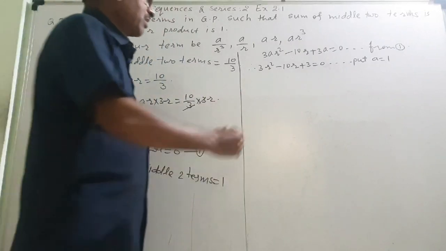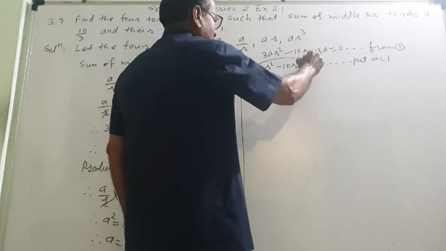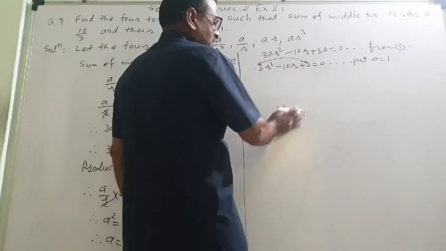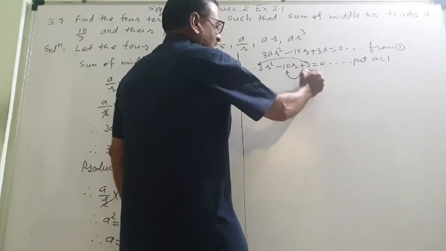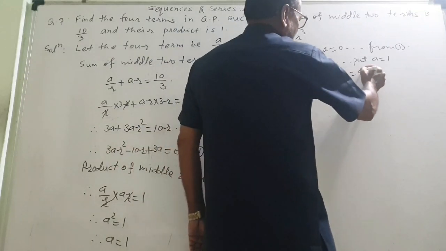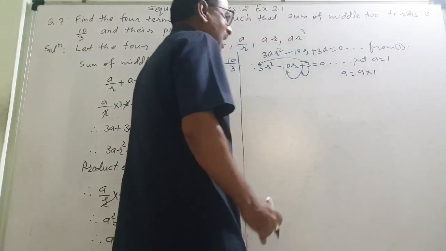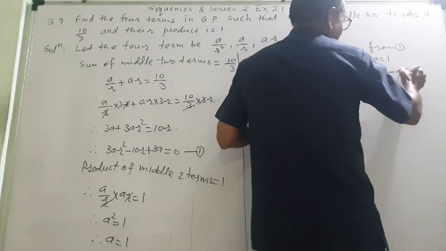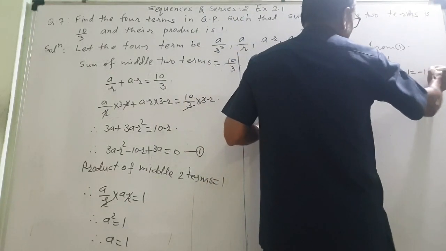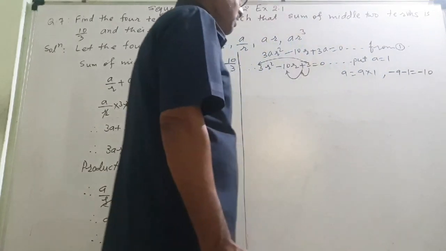Now this is a quadratic equation. 3 into 3 is 9. Find the factors of 9 such that their addition is minus 10. So 9 is equal to 9 into 1. Addition should be minus 10. So minus 9 minus 1 is equal to minus 10. So that is the addition.